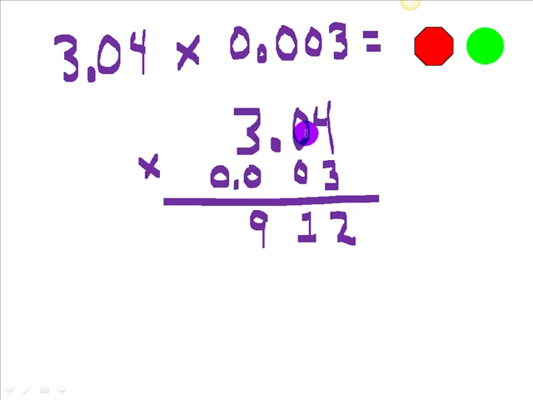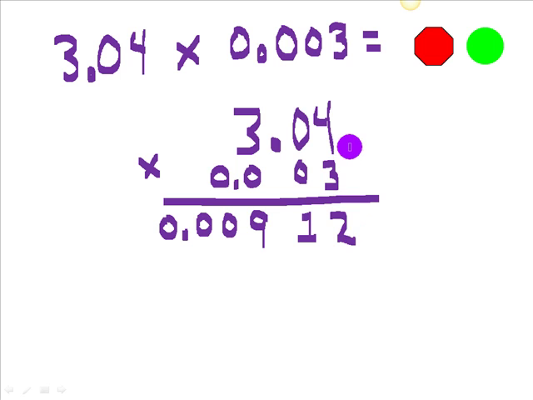But now I say I have 1, 2, 3, 4, 5 numbers that are behind the decimal. So my answer in this case is going to be 0.00912.